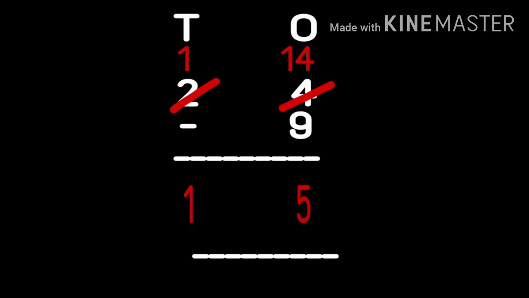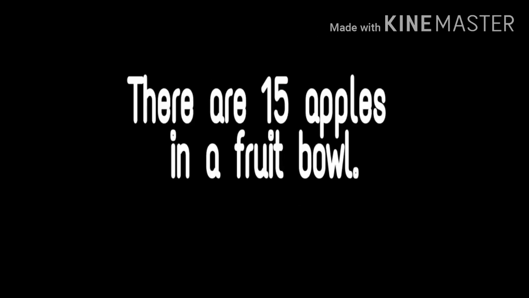So 4 will become 14 and 2 will become 1. Now we can easily subtract 9 from 14. 14 minus 9 is equal to 5. Now the tens column: 1 is the only number in the tens column, so we will copy 1 in the difference. What did we get as the answer? 15. So we write the answer: there are 15 apples in the fruit bowl.